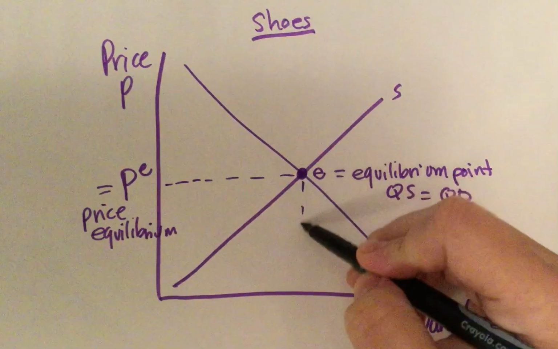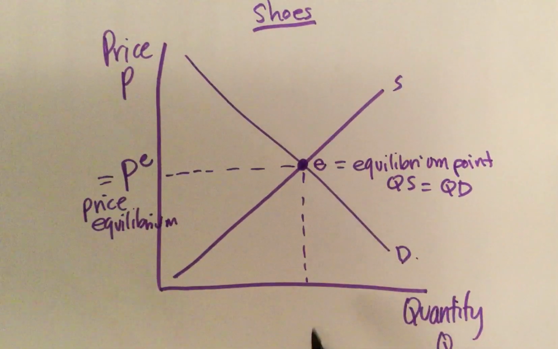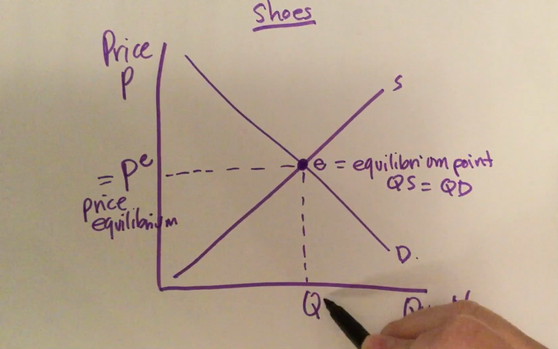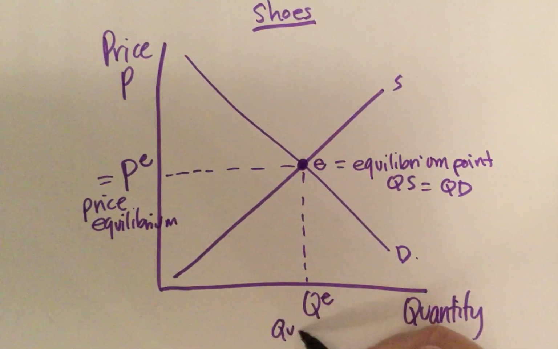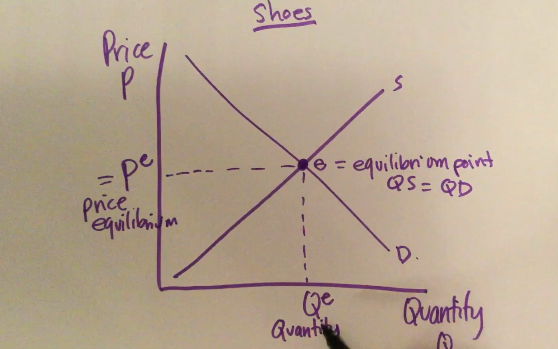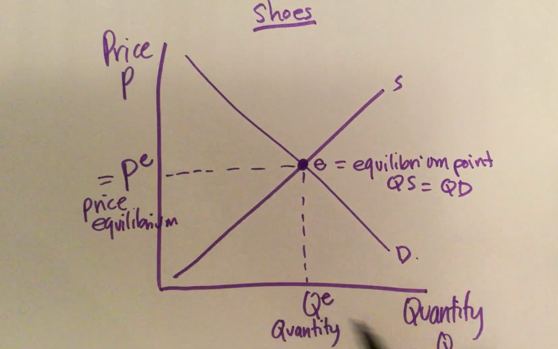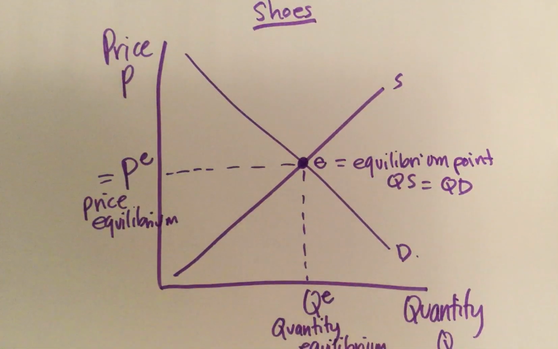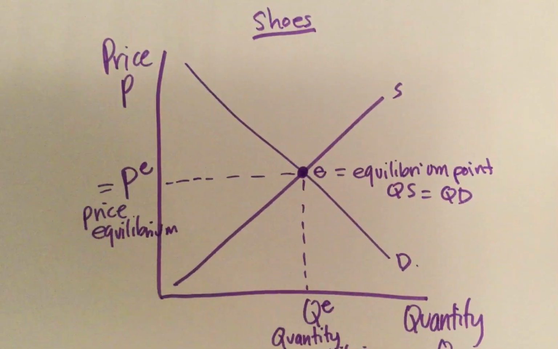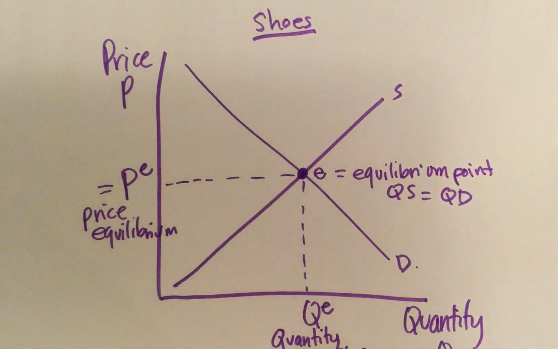And then you track from this equilibrium point to the x-axis, the quantity equilibrium, and it's designated by a big Q and a little e. Quantity equilibrium. All right, so in any case, that is how you label a market in equilibrium.